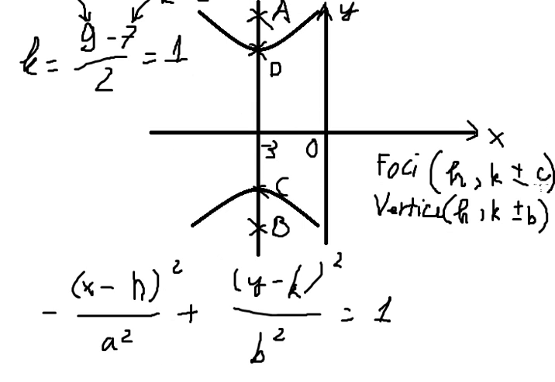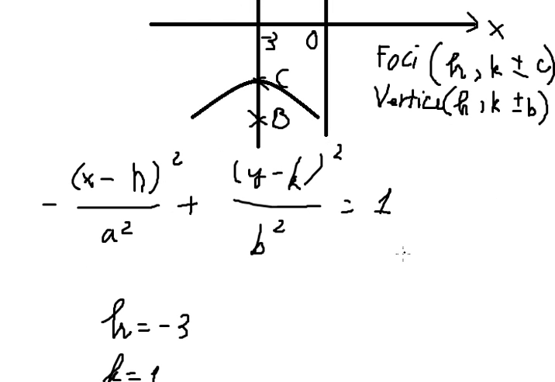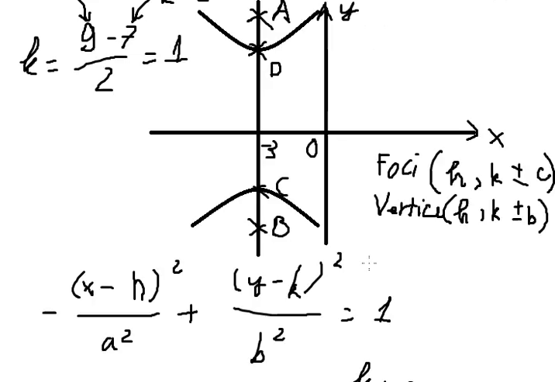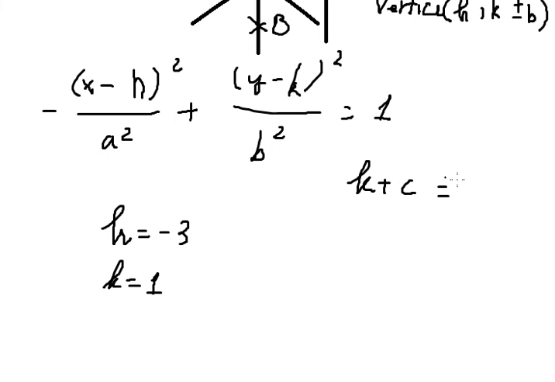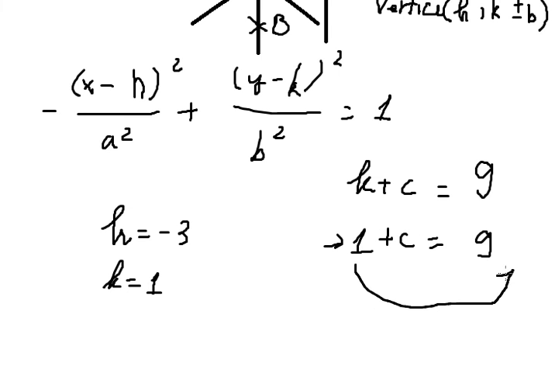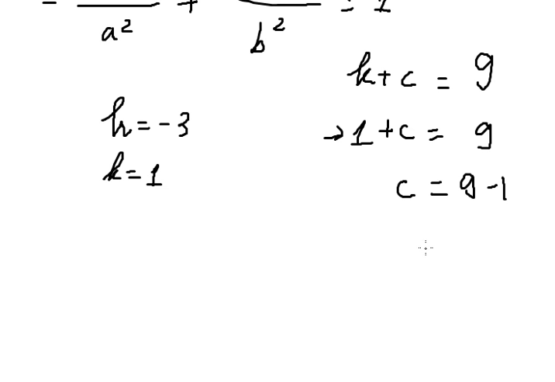Now we need to find c and b in here. I will choose k plus c. k plus c is positive, so that should be 9 in here, the highest one. So k equals 1, I will put in here. So I will put 1 in here, and you get 8.